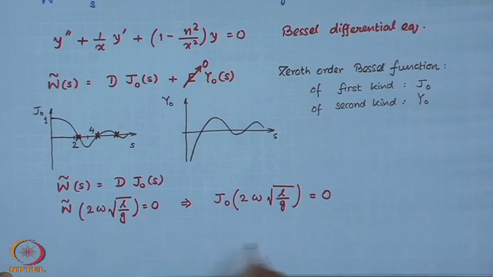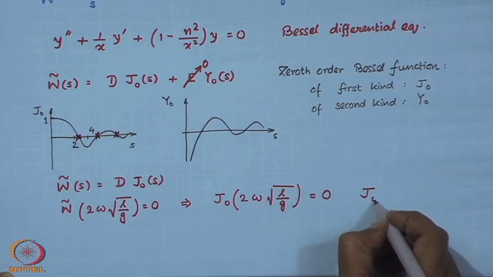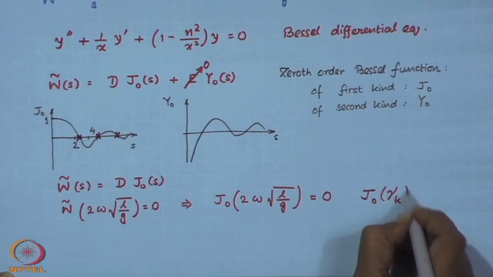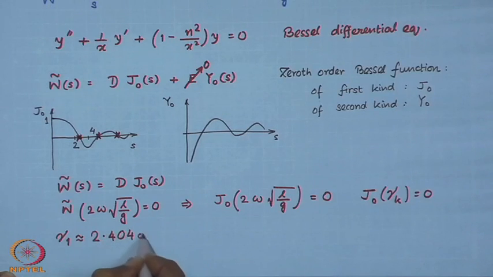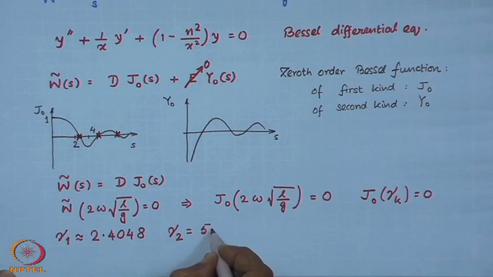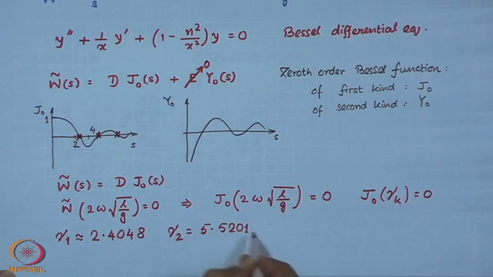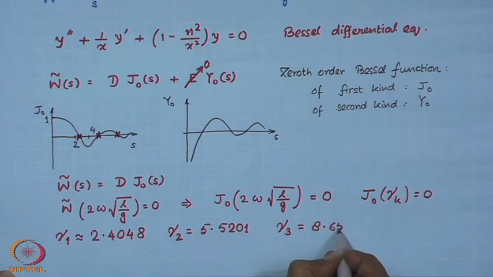And if I represent this by something like gamma k, then gamma 1 is approximately 2.4048, gamma 2 is 5.5201, gamma 3 is 8.6537, and like this you can find out the values.